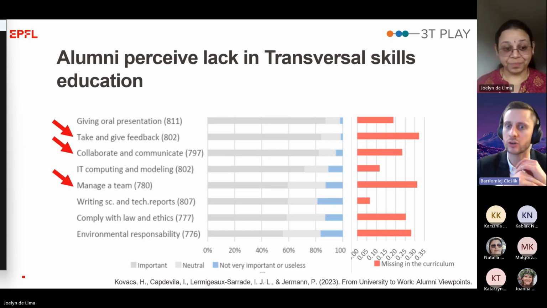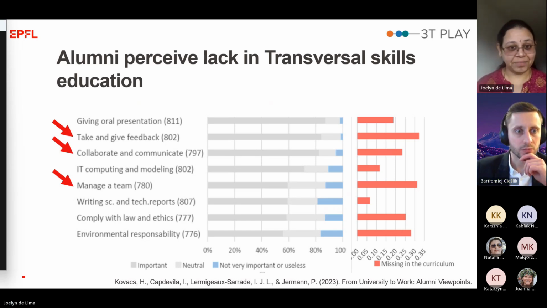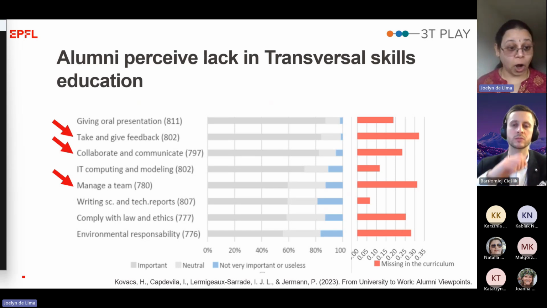Am I understanding that correctly? Yes. These are again students' perceptions and alumni perceptions. So it might be part of the curriculum that is planned, it might be part of the curriculum that is taught, but it is somehow not part of the curriculum that is experienced by the students.